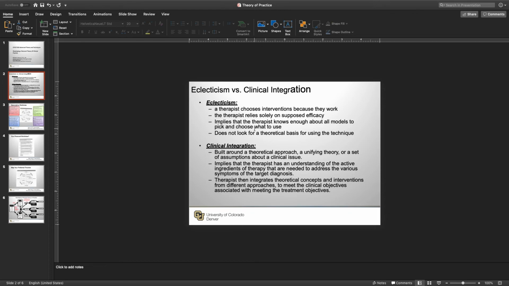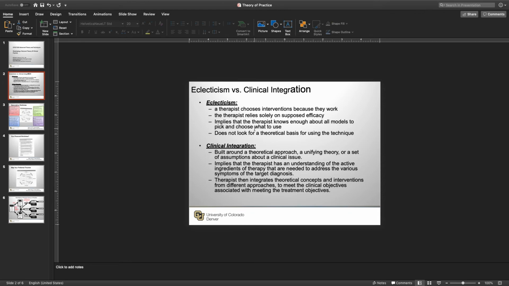And so when I speak to you about what is your theory of practice, I'm really as interested in what is your underlying theoretical belief? What are your assumptions about clinical issues that allow you to be consistent in using the right interventions at the right times?